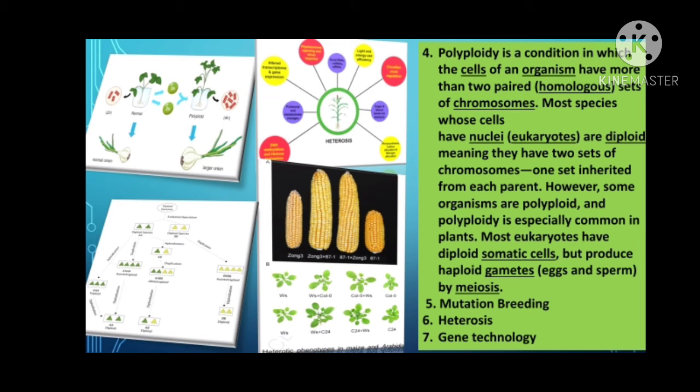Next is bridge crossing. Another breeding strategy that utilizes the reproductive superiority of polyploids is bridge crossing. When sexual incompatibilities between two species are due to ploidy levels, transitional crosses can be carried out, followed by chromosome doubling to produce fertile bridge hybrids.